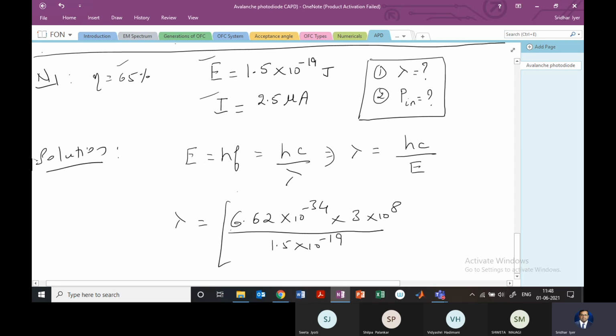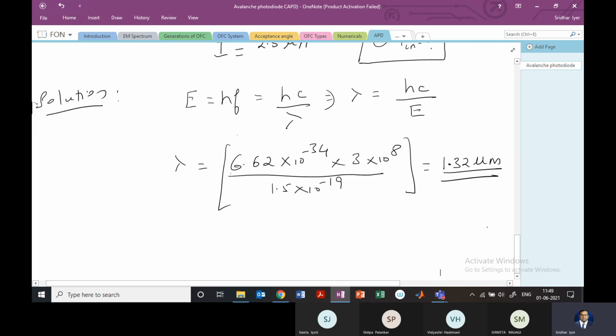So once we solve this, we'll get the wavelength. Let me just solve this quickly. So we get 13.2 into 10 raised to minus 5. So I can write this as 1.32 micrometer.